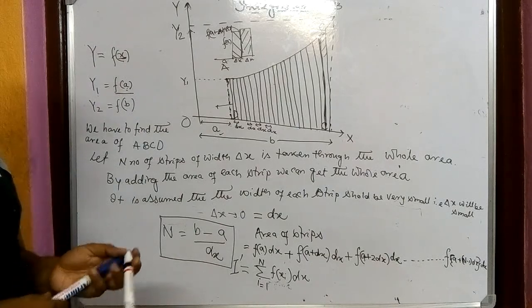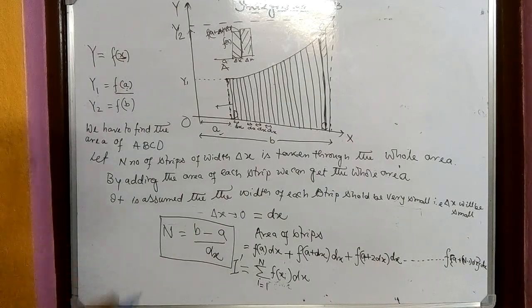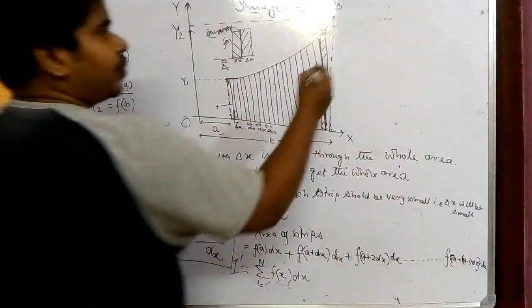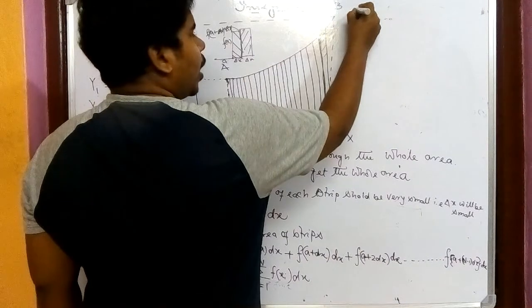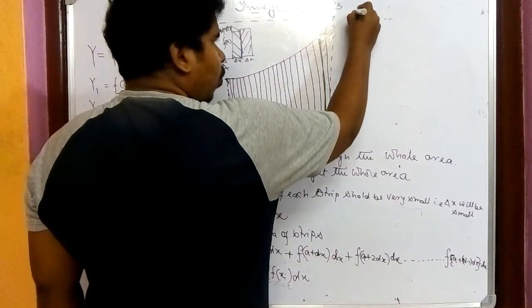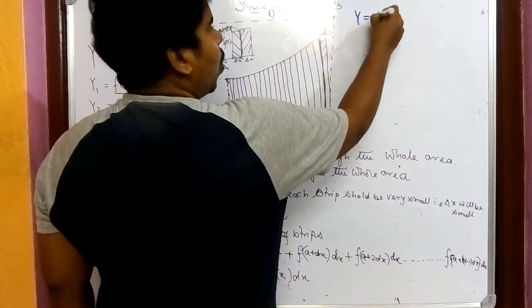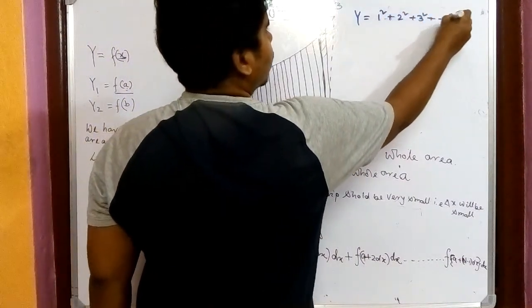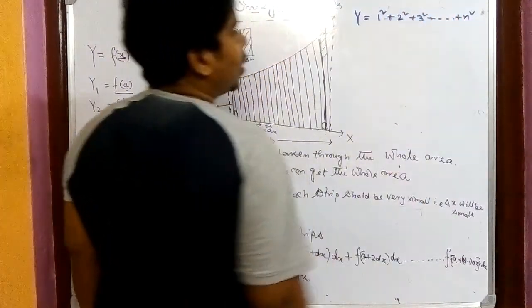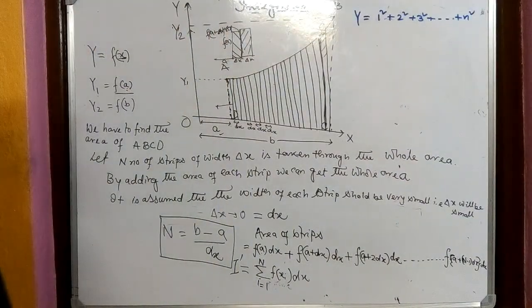Meaning, what is the meaning of discontinuous and continuous function? I'll help you. Assume it is given, y equals 1 square plus 2 square plus 3 square plus dot dot dot plus n square. You have to find the sum of this.